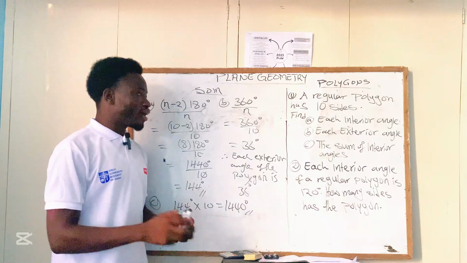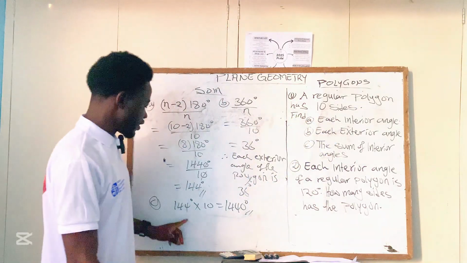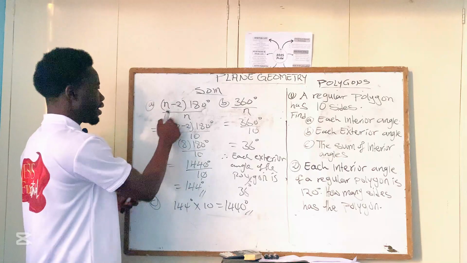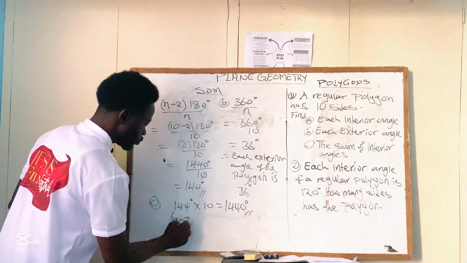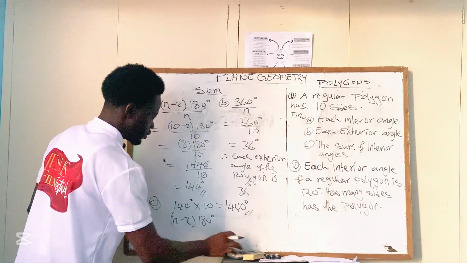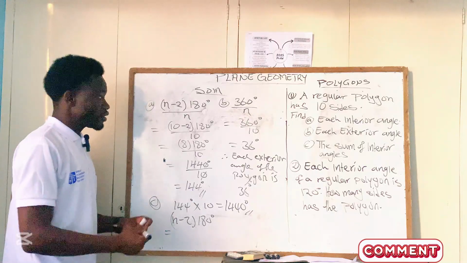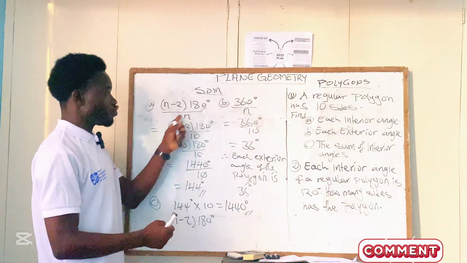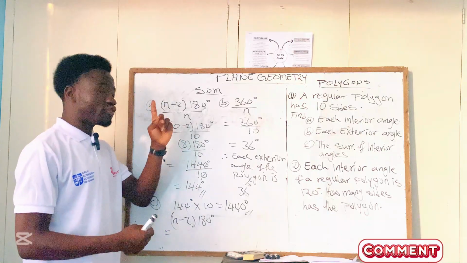The other way we can get that, assuming we have not worked out the interior angle earlier, imagine we have not worked here, the formula would have still been n minus 2 times 180 degrees. Earlier we were dividing by n, the number of sides, because we were looking for each interior angle.